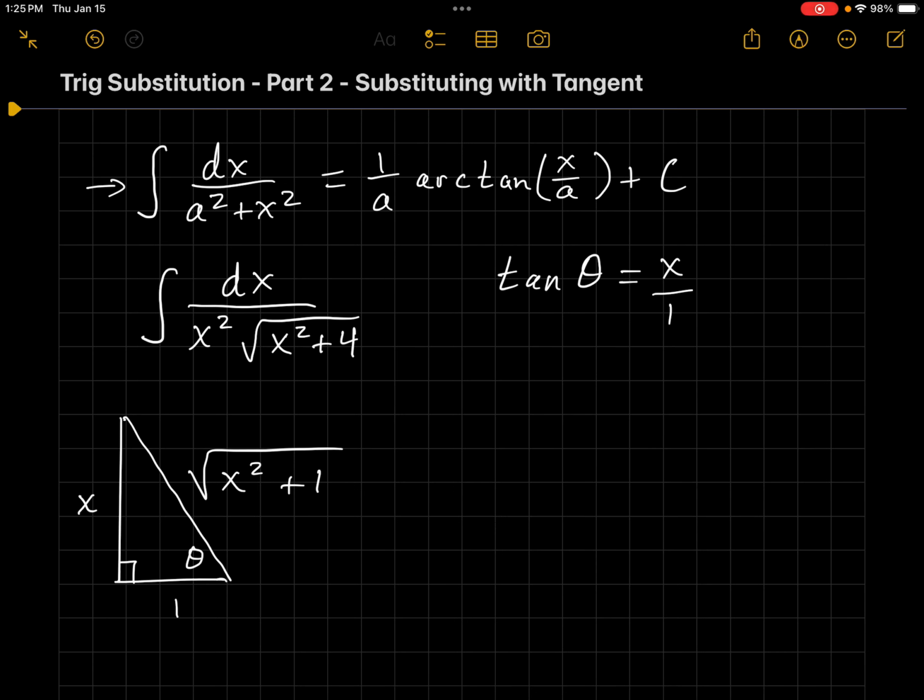Now what I really wanted was x squared plus 4 somewhere to show up on my triangle. I realize I made a mistake, and instead of doing x over 1, I should have chosen x over 2. By Pythagorean theorem, my third side becomes square root of x squared plus 4, which is what I wanted.